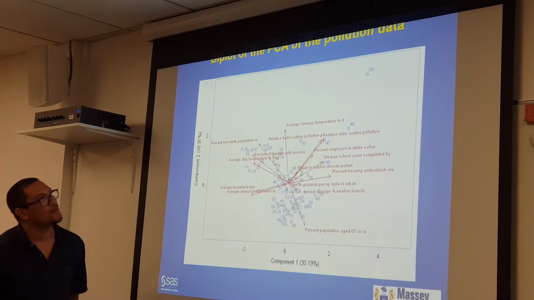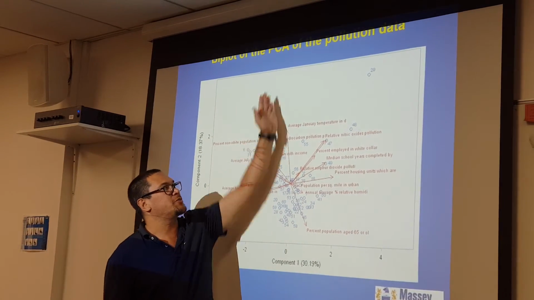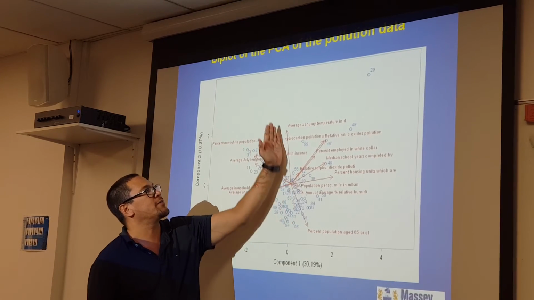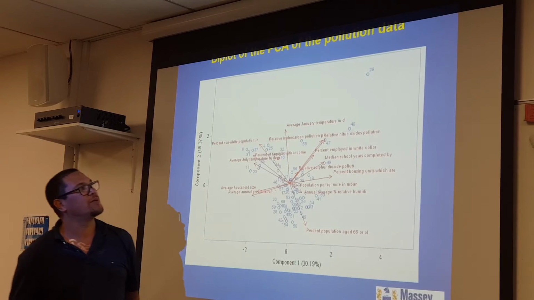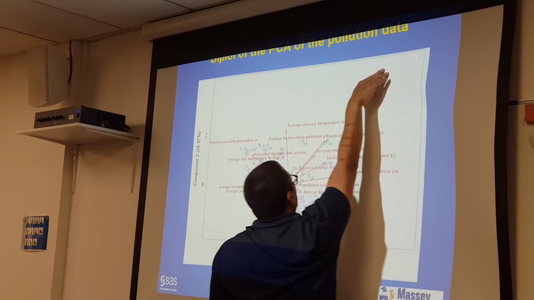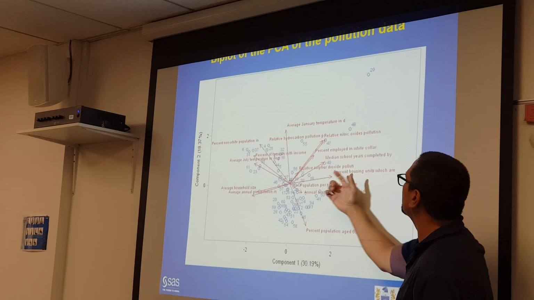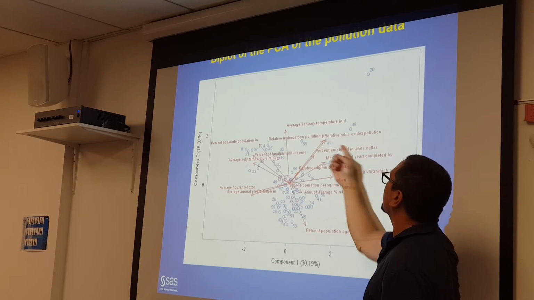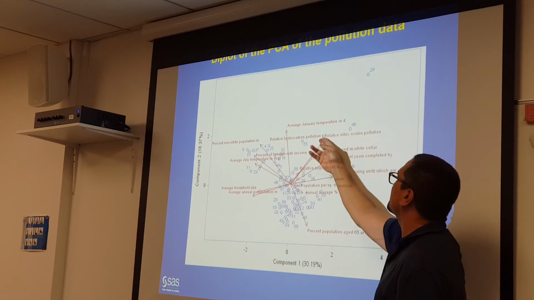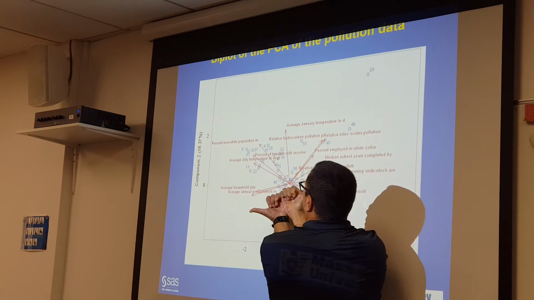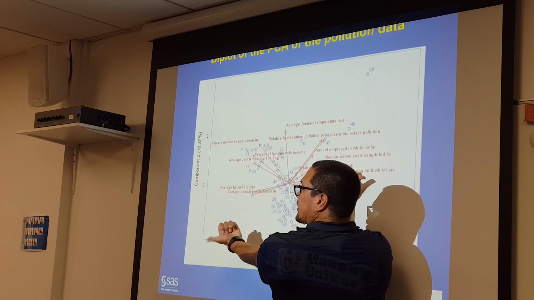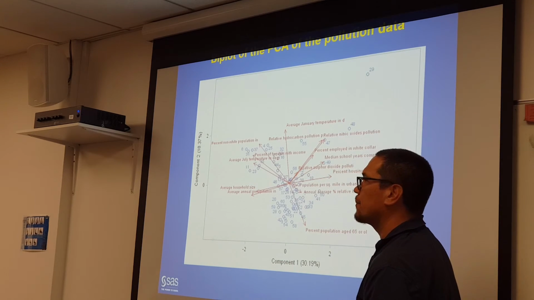We know that average January temperature was in this direction, so values in this direction are areas with high average January temperature, and probably high values like this with these particular variables. So we know that things that are in opposite directions are probably negatively correlated with one another to some degree.